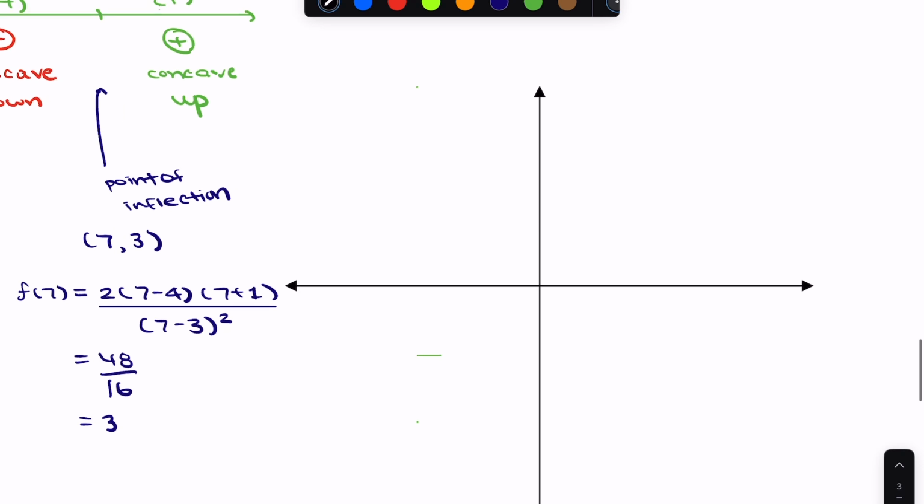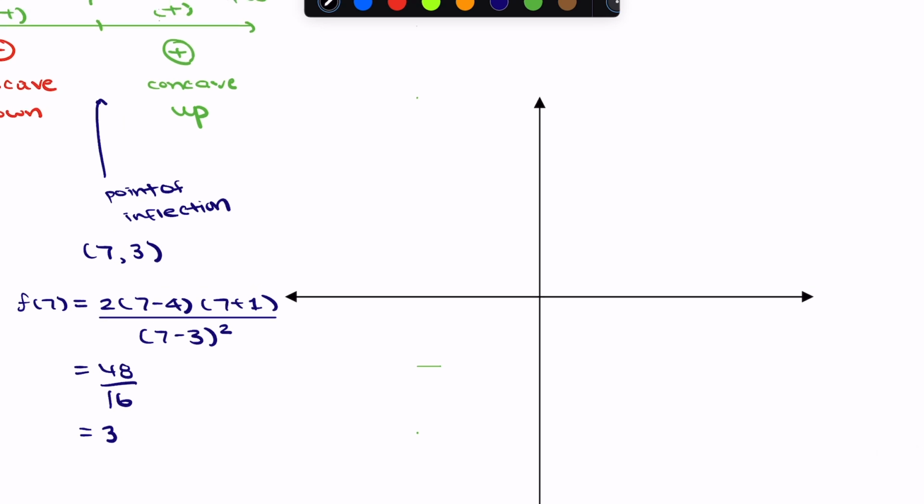So first thing we'll do is put some points on our axis, and then also the negative values as well.